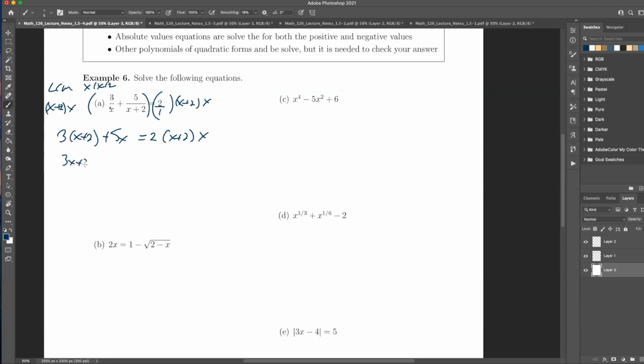So this will be 3x plus 6 plus 5x equals 2x squared plus 4x, just multiplying across. Then we try to get everything to one side. I'm going to move everything this way just for my own sanity. So we'll move the 3x and 5x, so this is 8x. 2x squared, 4x minus 8x would give us negative 4x, and then if I move the 6 over, it would be minus 6.